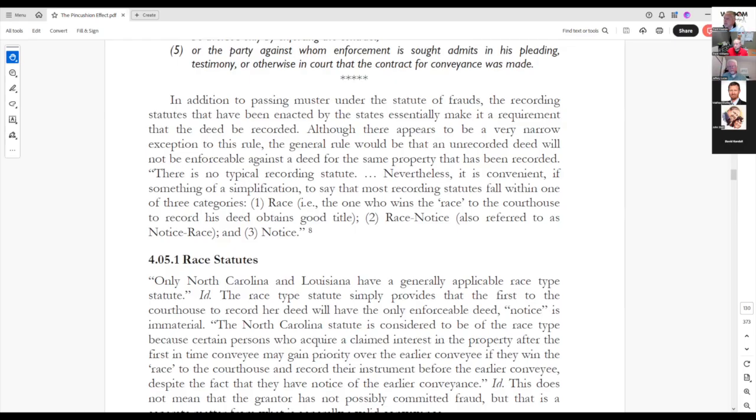Now you probably have a fraud case against the grantor for conveying the same property twice. But constructive notice, not that big of a deal. Actual notice would be a little harder to prove, and maybe easier to get away with, on the flip side of that coin.